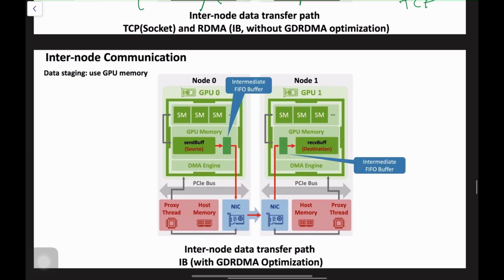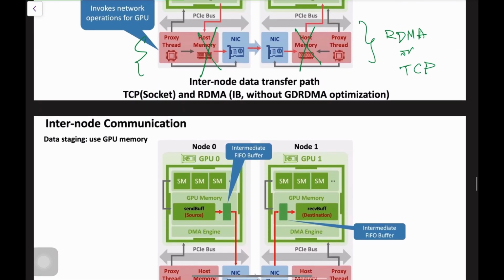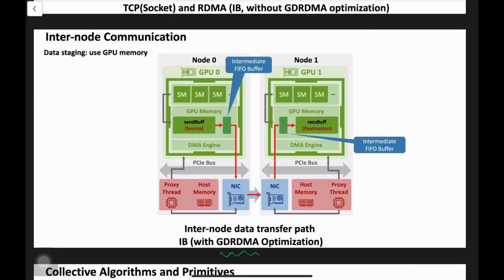So we can totally bypass this host memory if GDRDMA, the GPU Direct RDMA optimization, is available. The NIC will take the data from the GPU's memory and write it directly to the receive buffer, to the receiving GPU's memory.